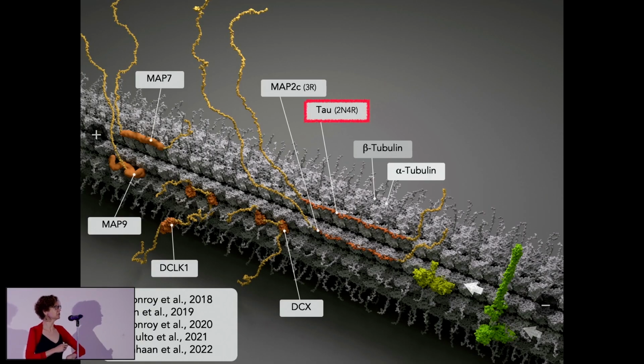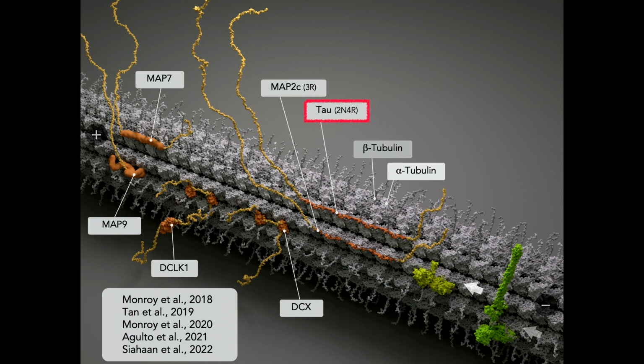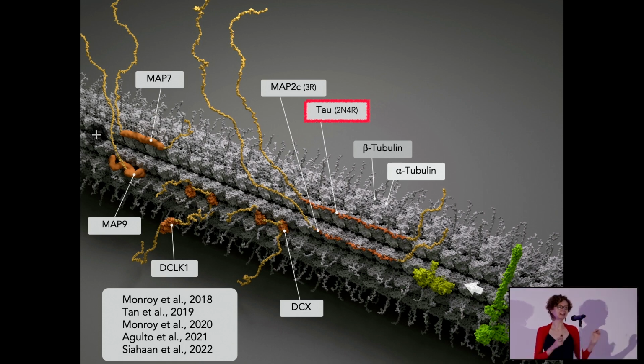So tau is really just one of many MAPs, probably the most disease-relevant one. We have been interested in a number of these MAPs, more so than is shown here. What I hope you appreciate from this model is that all of these MAPs bind in different regions on the microtubule lattice, and they all have really distinct effects on it.